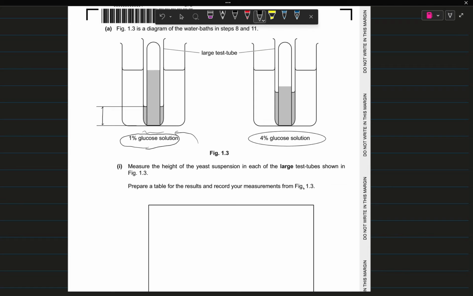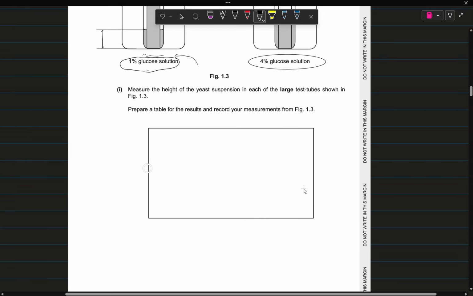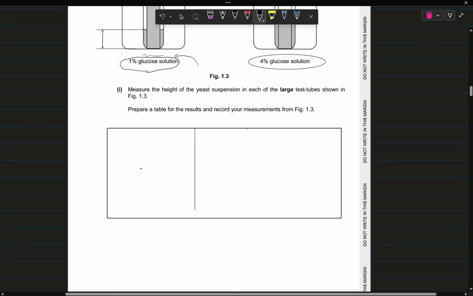And we are comparing that against the height of the yeast suspension in the larger test tube. So really, we only have two columns that we need to be concerned about. So just for the sake of making it easier for us, I'll make this table a little bit wider, and then I will split that into two columns, like so.